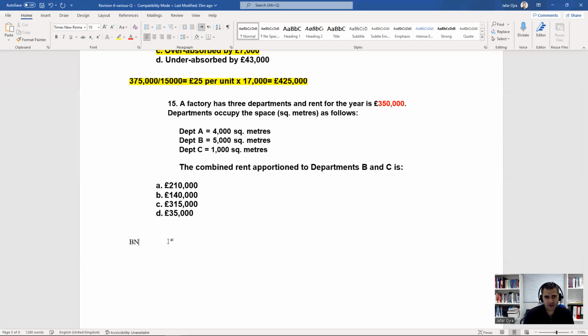For B, 5,000 square meters divided by the overall 10,000, multiplied by 350,000, the total cost of the rent. For C it's the same: 1,000 divided by 10,000, then multiplied by 350,000.